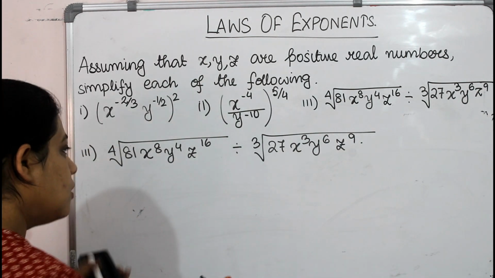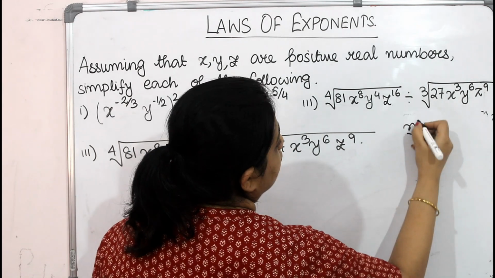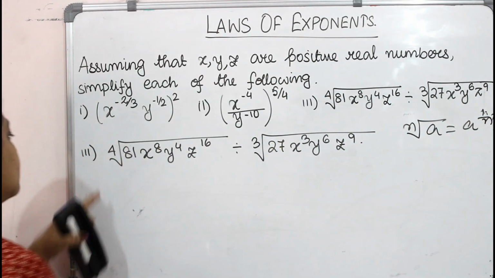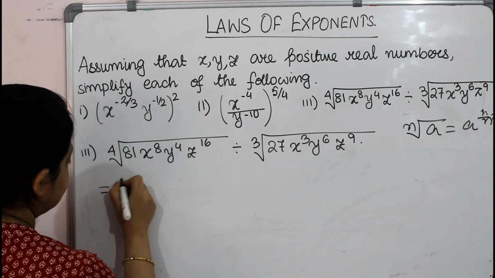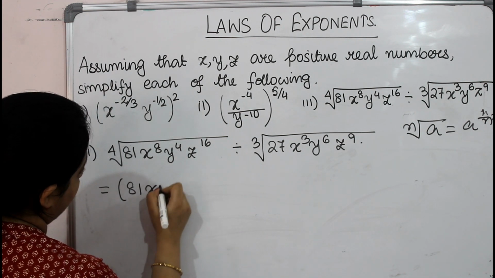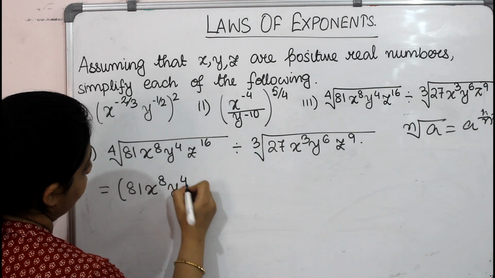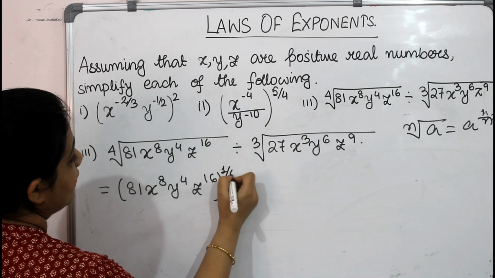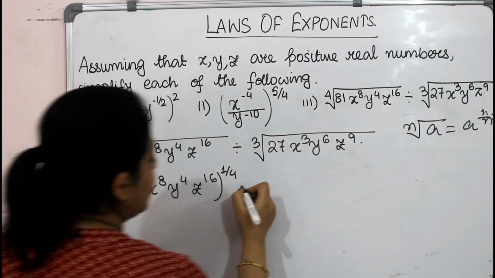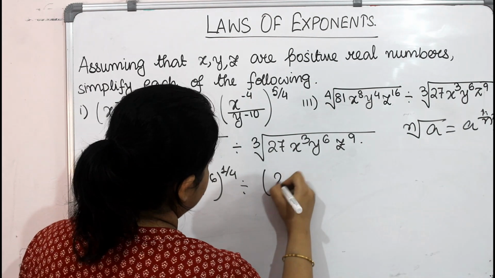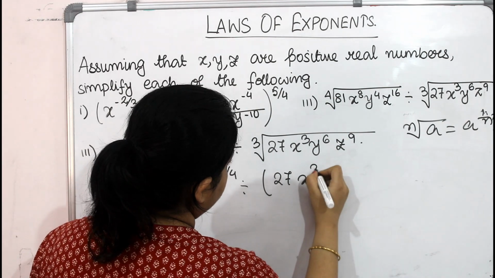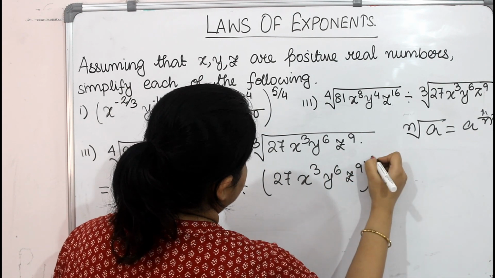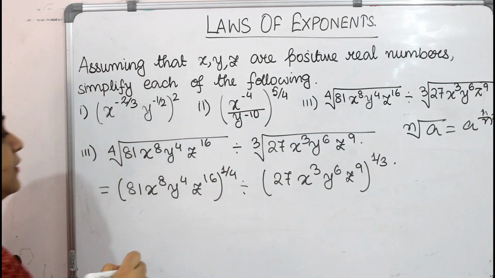So you know that the nth root of a is equal to a to the power of 1 by n. So we can write this as 81 x to the power of 8, y to the power of 4, z to the power of 16, the whole to the power of 1 by 4, divided by 27 x cube, y to the power of 6, z to the power of 9, the whole to the power of 1 by 3.